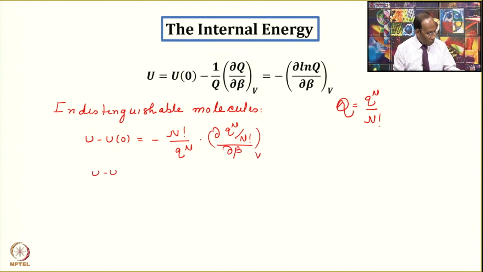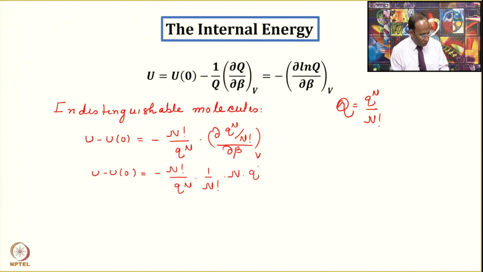In other words, U minus U0 is minus N factorial over q raised to the power N. 1 by N factorial will come out from here, and then I will have N into q raised to the power N minus 1 into del q del beta at constant volume. This is what I have.